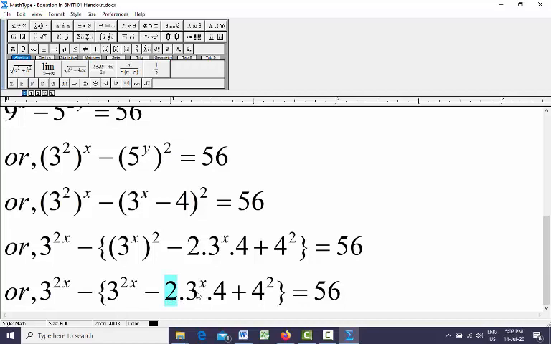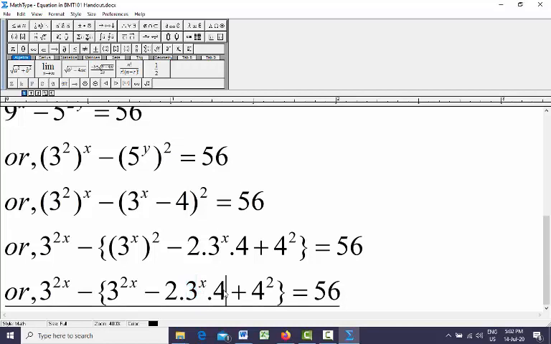Always remember, you cannot multiply this one with this one, you cannot just write it this way. 2 multiplied by 3, you cannot do it, because this 3 is not an isolated number. This 3 is the base of a power x, so it is not an isolated number.